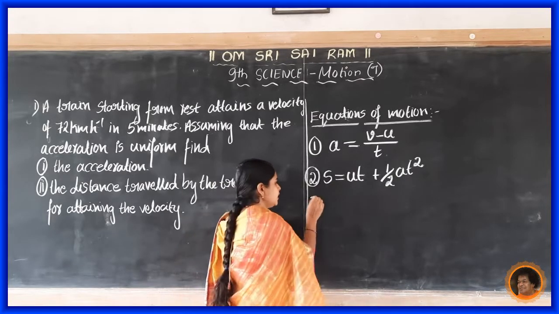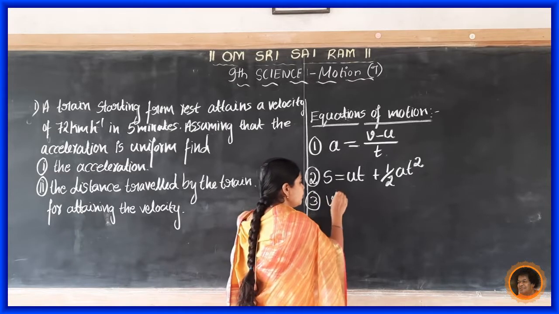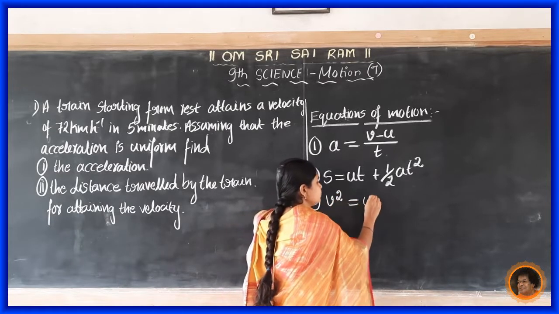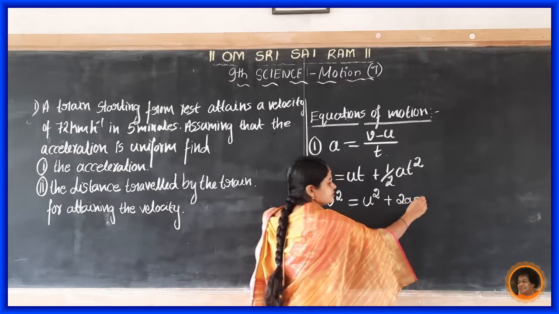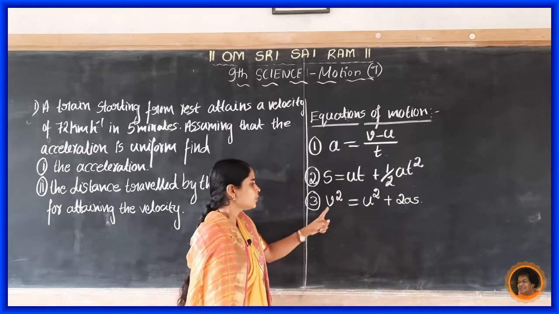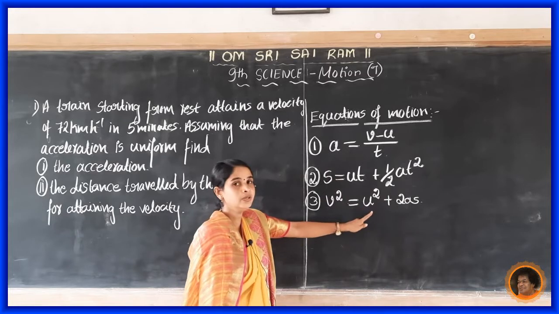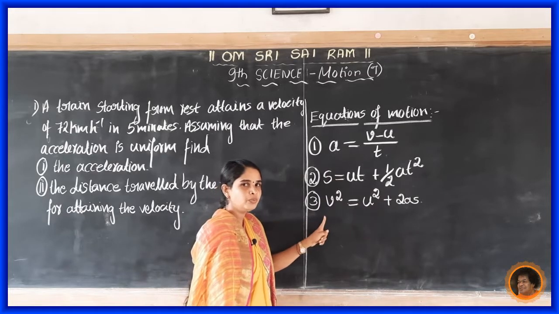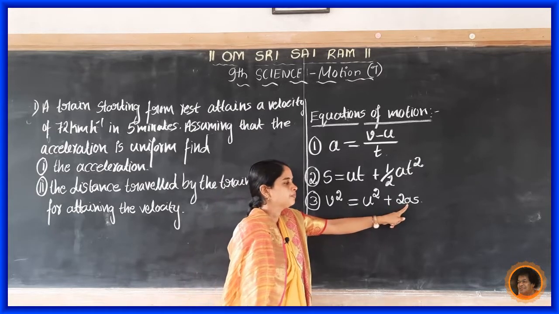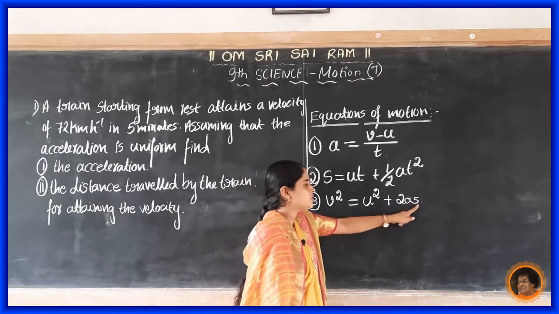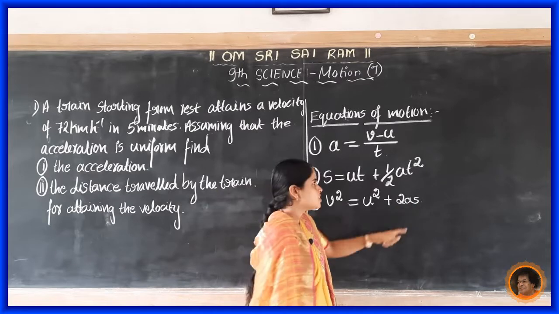And the third equation: v square equals u square plus 2as. Here v is final velocity, u is initial velocity, 2 is a constant, a is acceleration, and s is distance travelled.